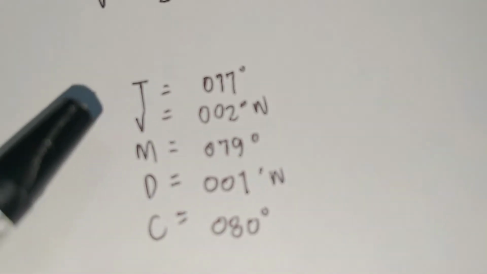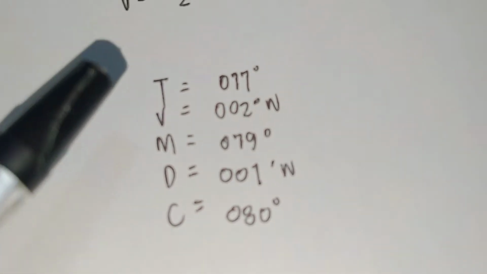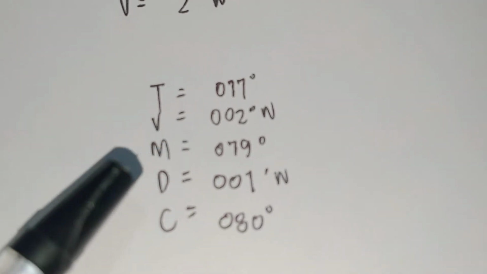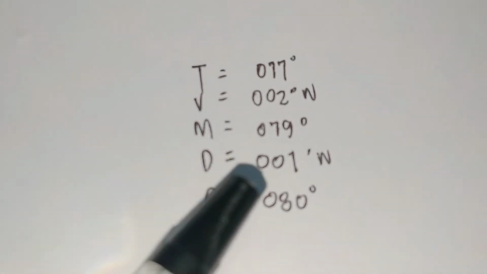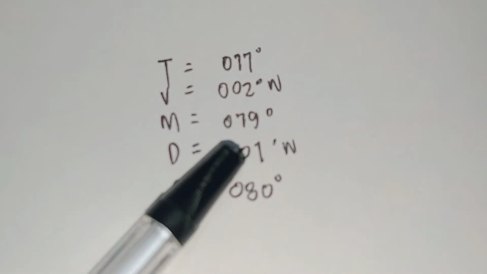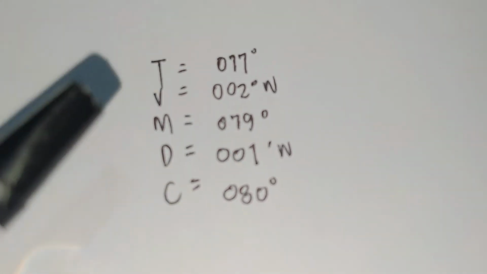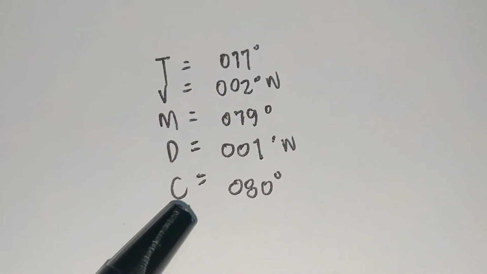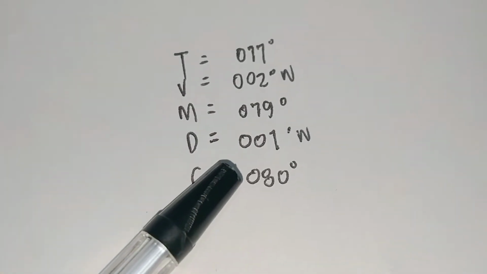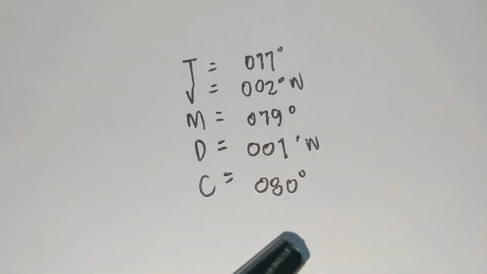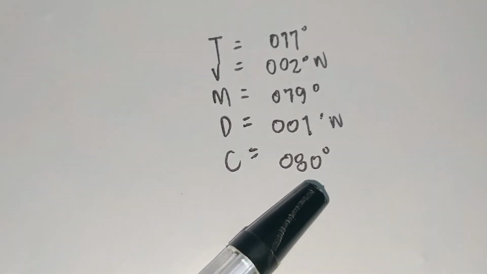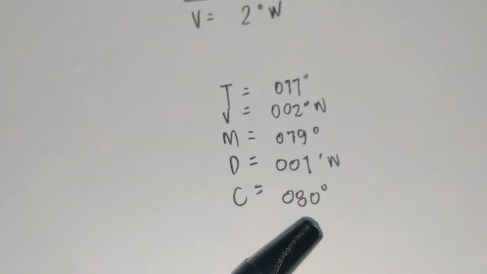We do have our true course, 077 degrees, and our variation, 002 degrees, and we just added it, and we accumulate 079 degrees for our magnetic course, and then we added 001 for our deviation. So we did add it, and we get a gyro course of 080 degrees true.